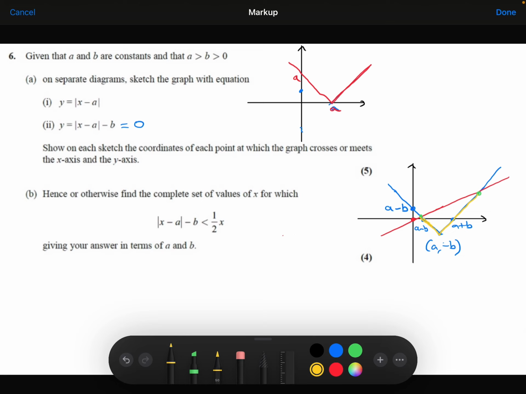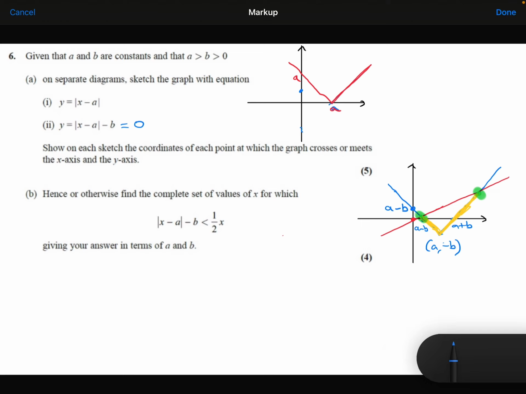So these are all the x values that I'm trying to find. So if I can find this x value where they're the same and this x value where they're the same, then I can say that as long as x is in between those values, that's the answer.